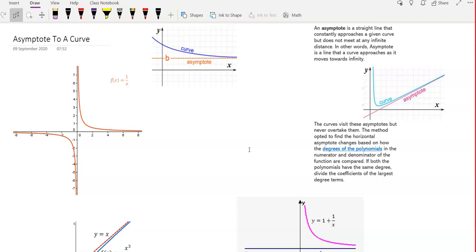When x tends to a finite value, then also it can approach the curve. Depending on this, we will find two kinds of asymptote, horizontal or vertical.